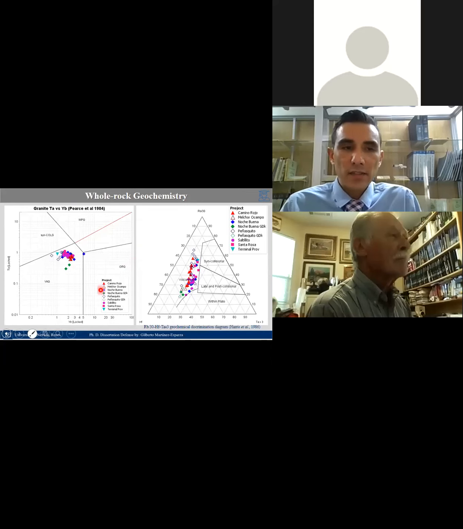The tectonic settings, according to the geochemistry signatures, are related with a volcanic arc granite. And we can see in the ternary diagram quite a variation in the rubidium concentration, which indicates the hydrothermal alteration plays a major role in these intrusives. One of the things that is remarkable is that the most important deposits in the region are Peñasquito and Camino Rojo.